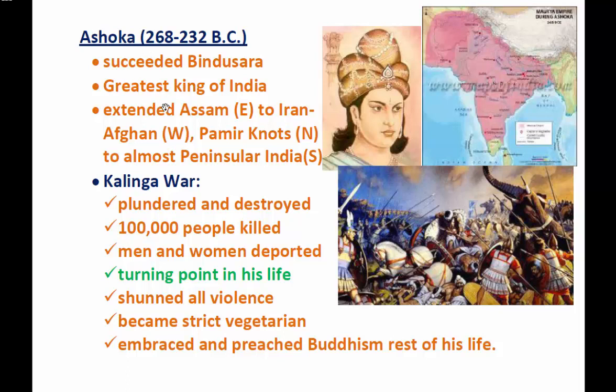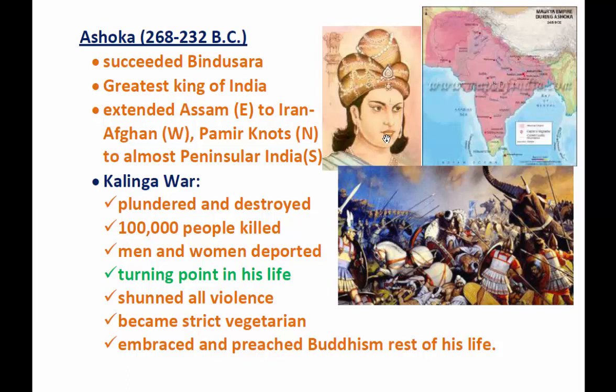Ashoka was considered, this is the picture of Ashoka, to be the greatest king of India. If you look at the map of India, all the pink color that has been shaded in this map was the empire of Ashoka the Great.